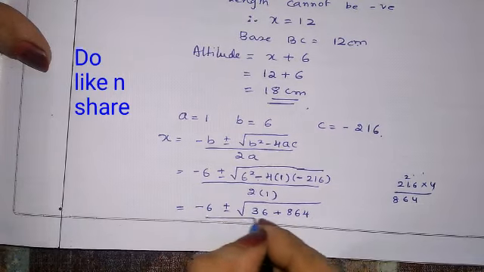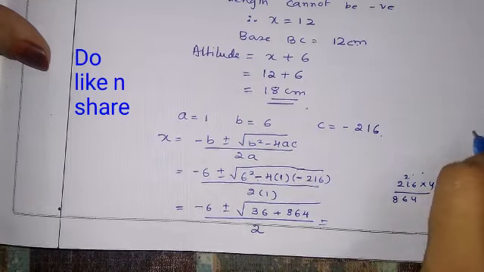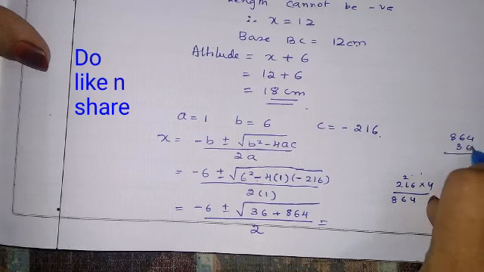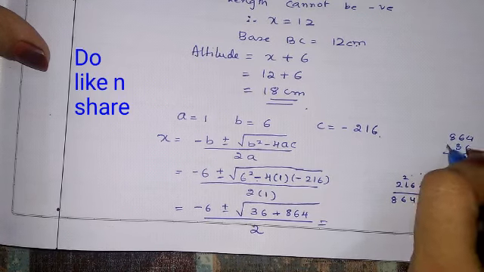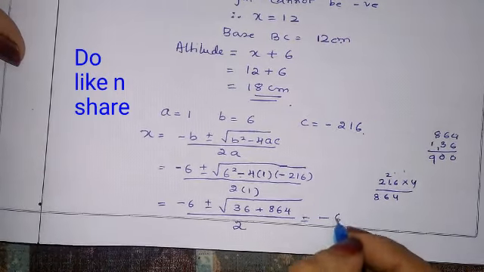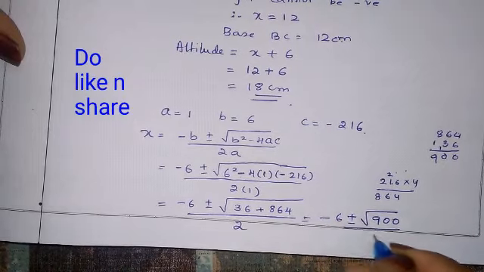Now we have to do 864 plus 36, that is 900. So minus 6 plus or minus root of 900 upon 2.